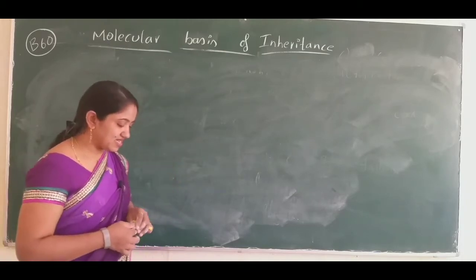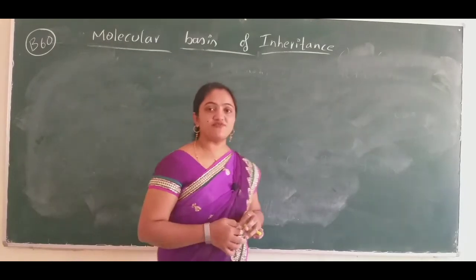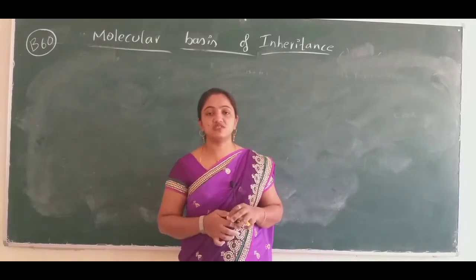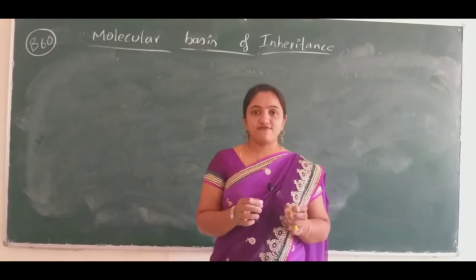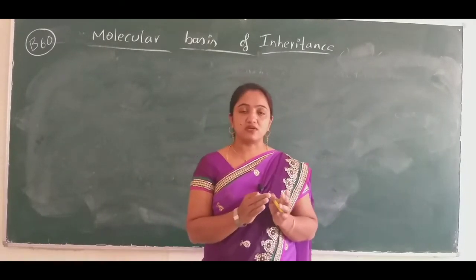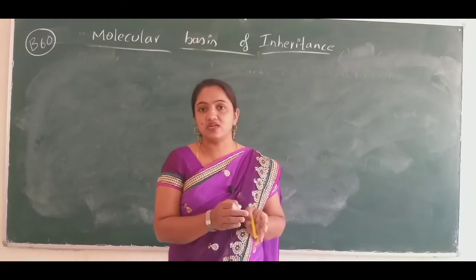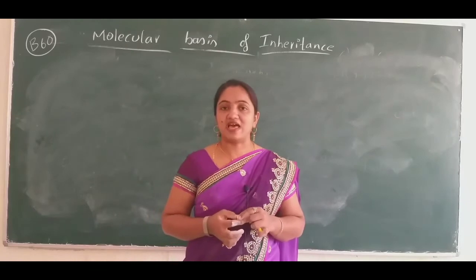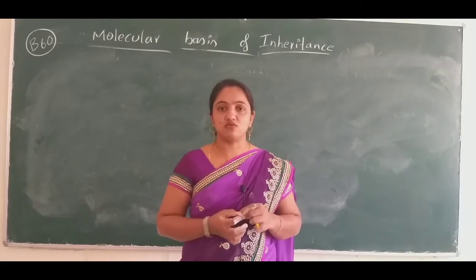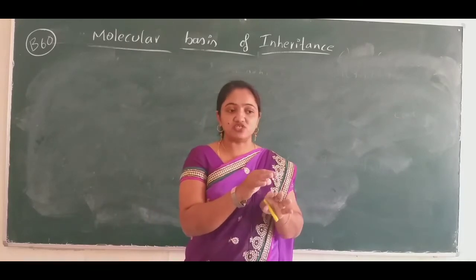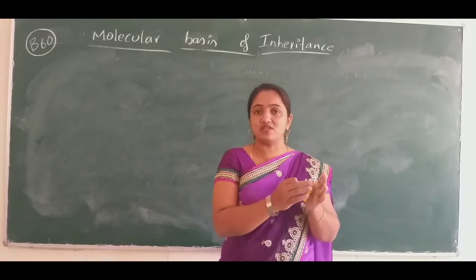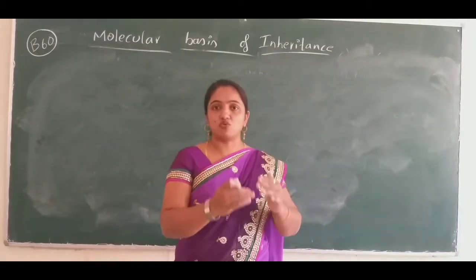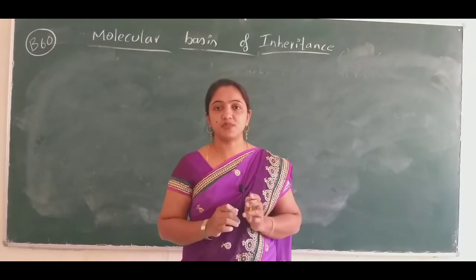In sickle cell anemia, what happens here? How does the disease occur? The amino acid glutamate gets replaced by the amino acid valine. Only because of the change or replacement in nitrogen bases, the coding differs, right?